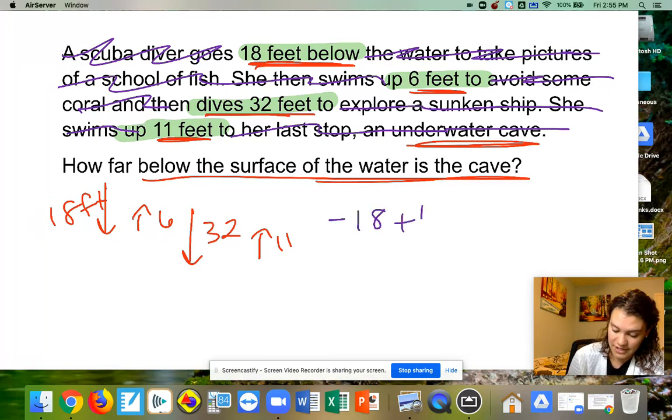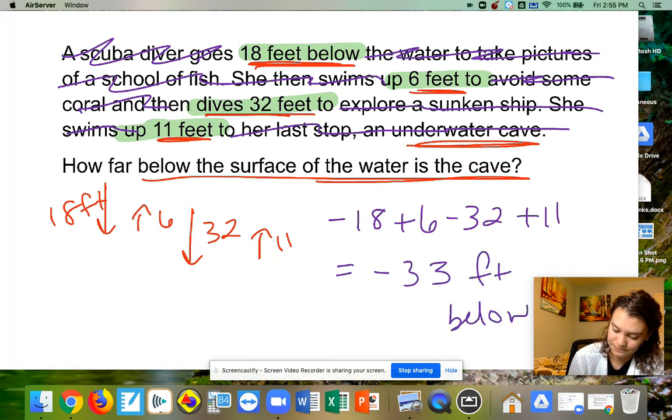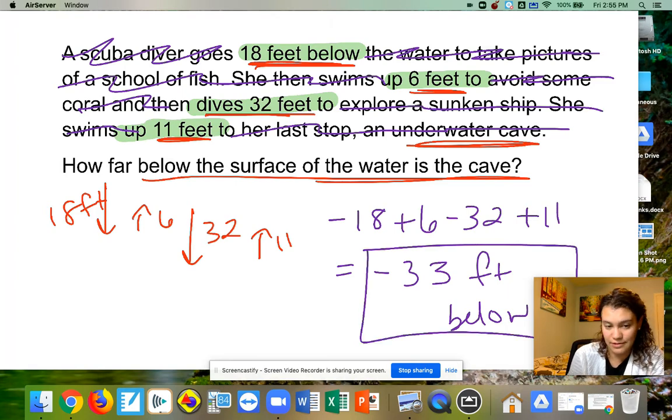She swam up 6, so adding 6. Went down another 32, and then up 11. And then to find your answer, you just add these all together to get negative 33 feet below the water. And that's your answer.